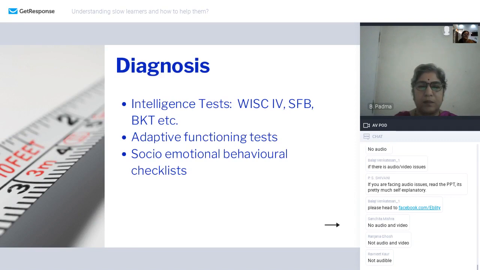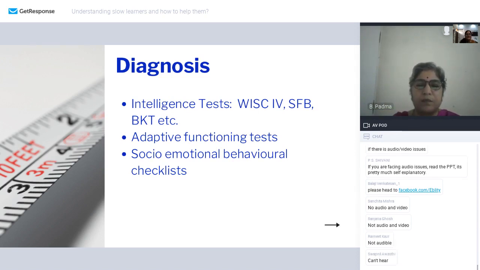Next is the diagnostic part. How are we going to diagnose a slow learner? Usually, we use intelligence tests, adaptive functioning tests, and certain social emotional behavioral checklists to identify or diagnose a slow learner.